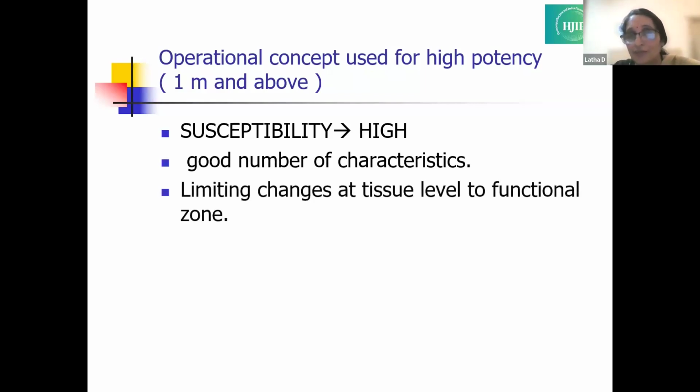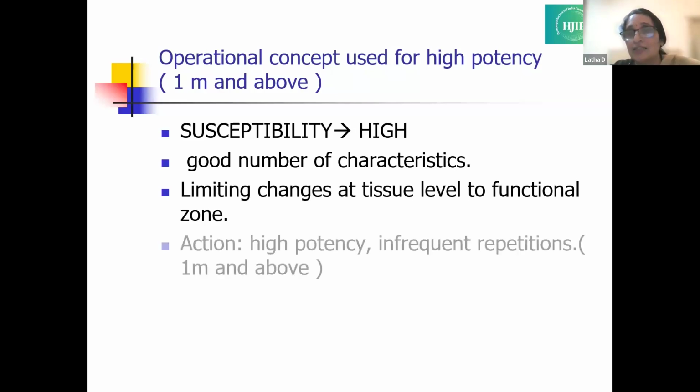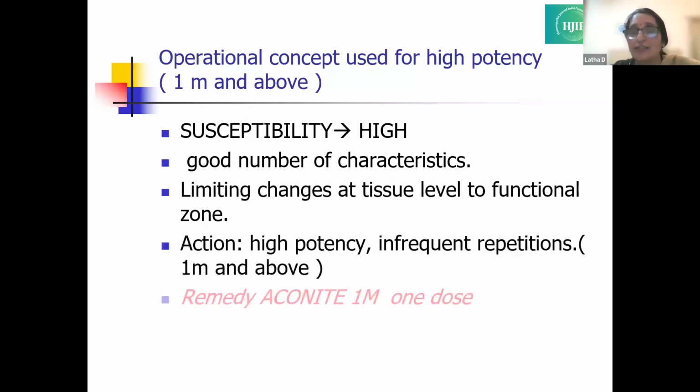So there are enough characteristics to call the susceptibility high. That is the reactivity of the individual. The changes are limited to functional, tissue-level changes. So we went with Aconite 1M, high potency, infrequent, single dose.